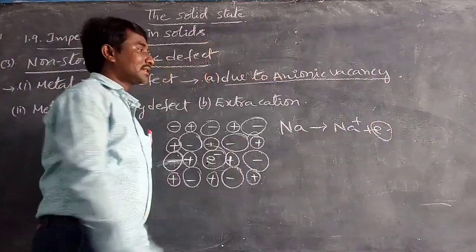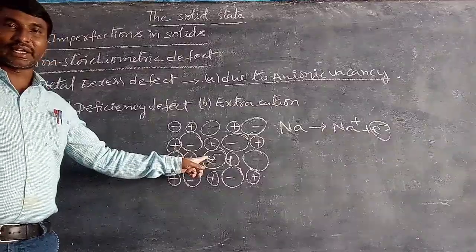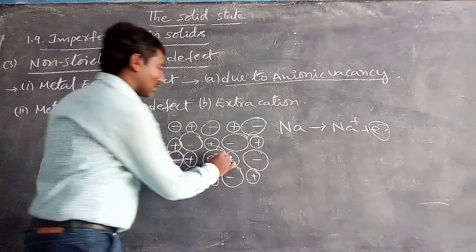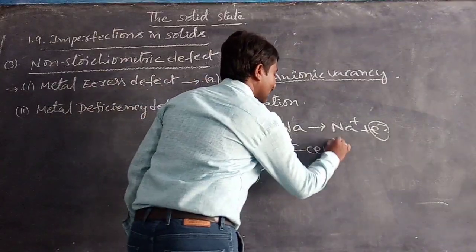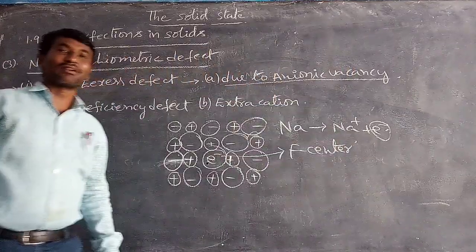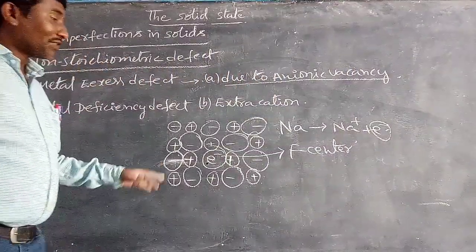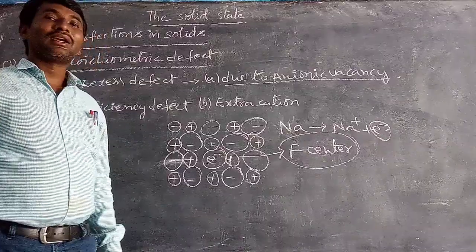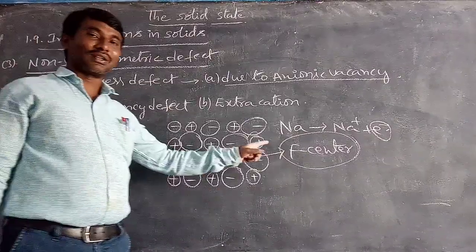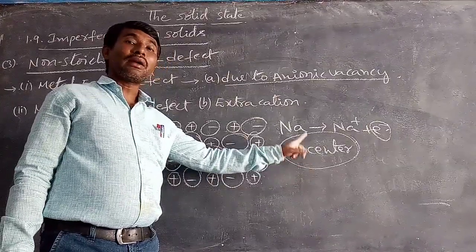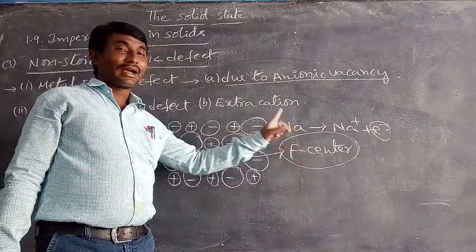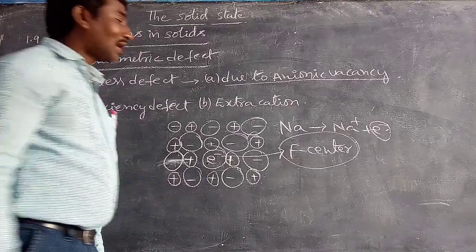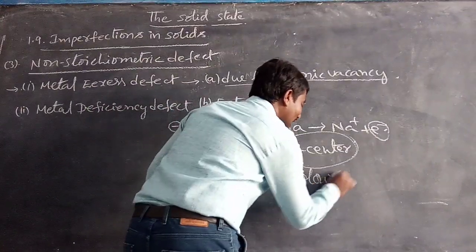This electron occupies the anionic site, and this is called an F center. An F center means an anionic site occupied by an unpaired electron. F center comes from the German word Farbenzentrum, which means color center.